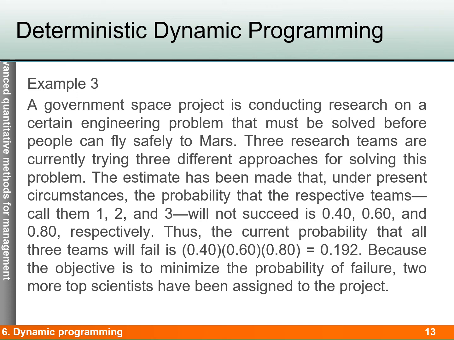Thus, the current probability that all 3 teams will fail is the multiplication of these items. This is one difference: there we had summation, but here we have multiplication. In the solution part and in the formulation, we'll see how to handle this.